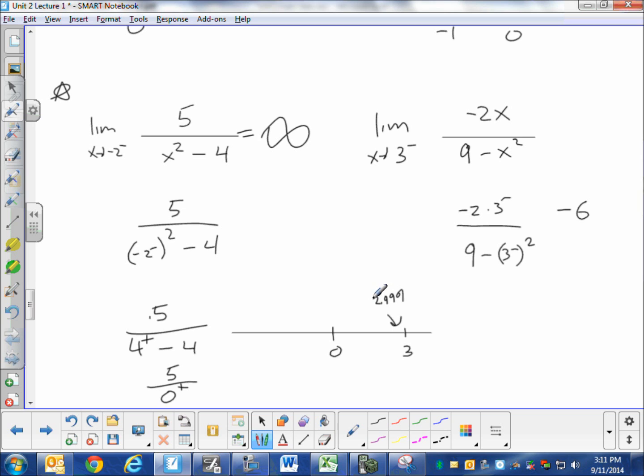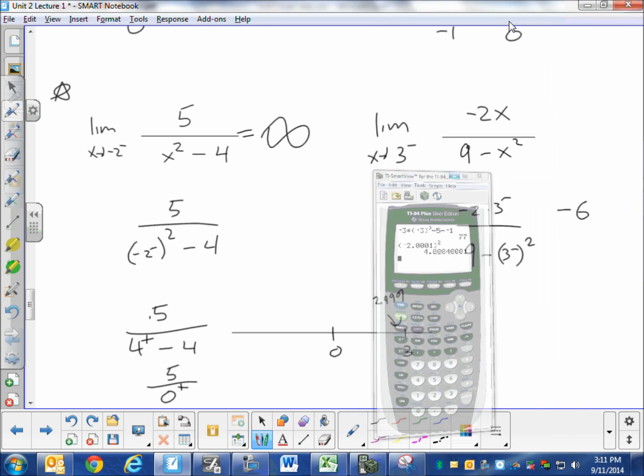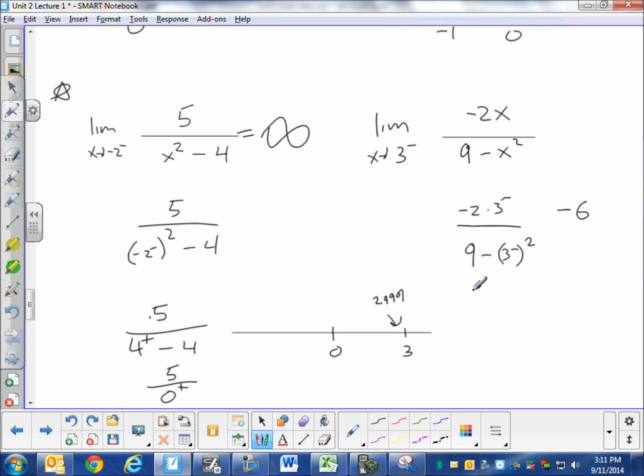So when you square it, it will be less than 9. That is fact. So when I take this 9 and subtract this number just a little bit less than 9, that's a number that will be positive and close to 0, making this negative infinity.